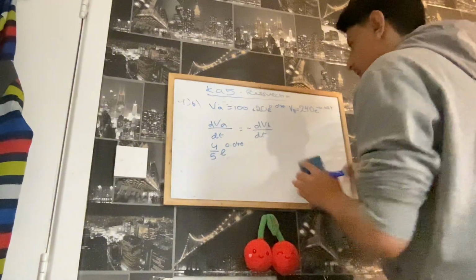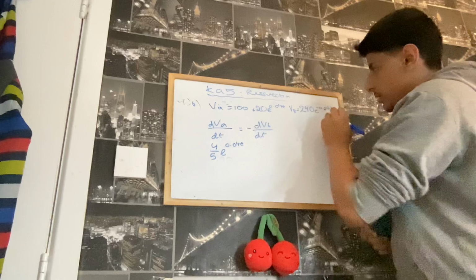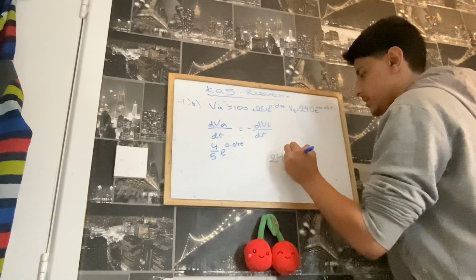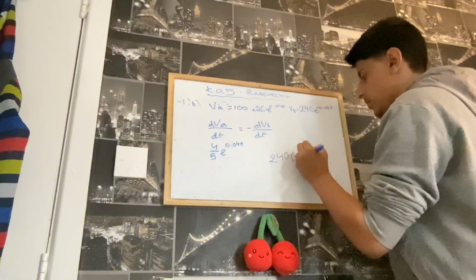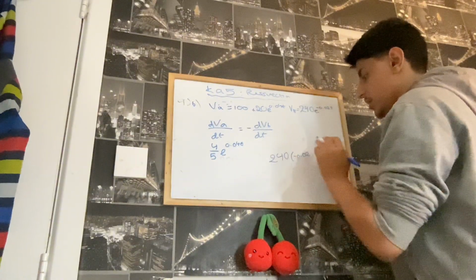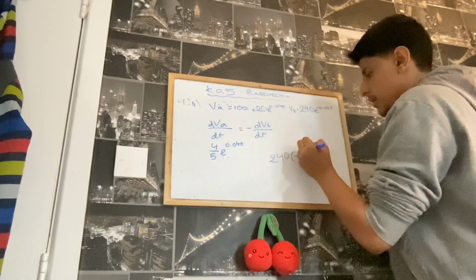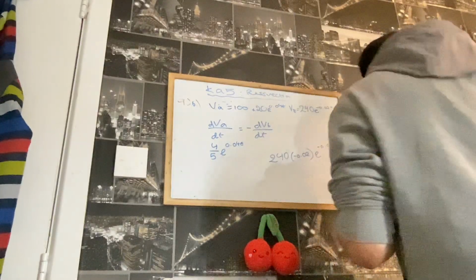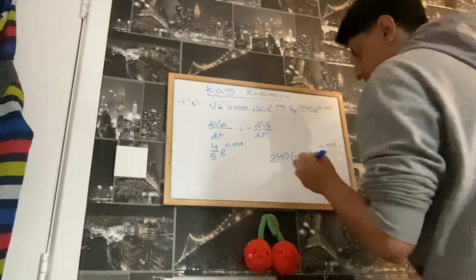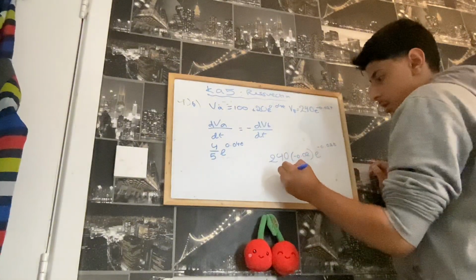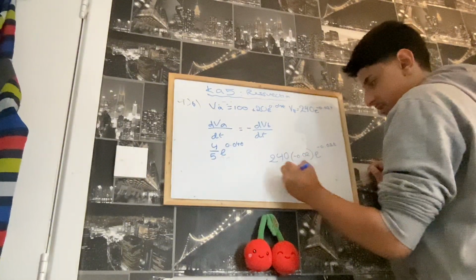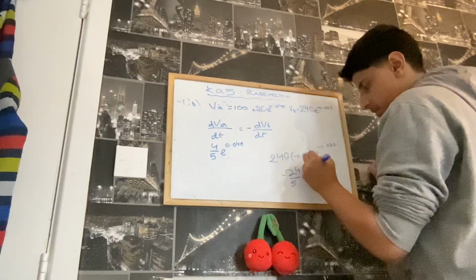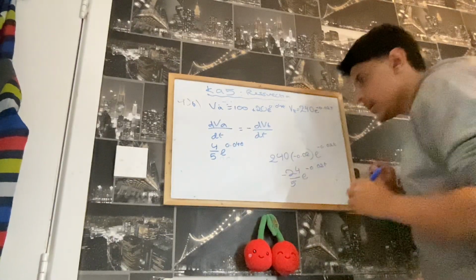Now for the next one, we do the same thing: 240 times 0.02, not 0.02t, we don't put t, by the way, times e to the power of minus 0.02t. So this would leave us with 24/5 e to the power of minus 0.02t.